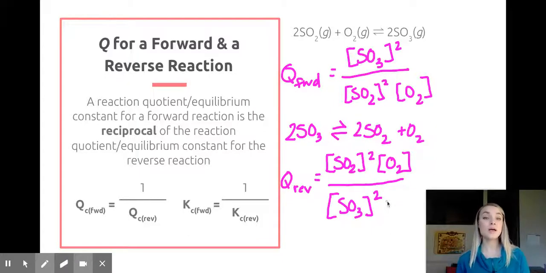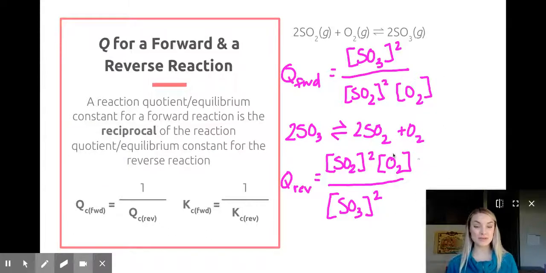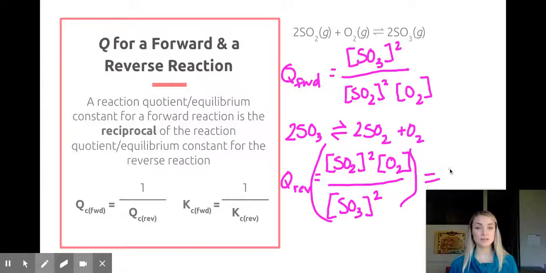So hopefully you're able to see that if I were looking for the forward reaction and I was only given the reverse reaction, I could simply solve for 1 over Q forward.